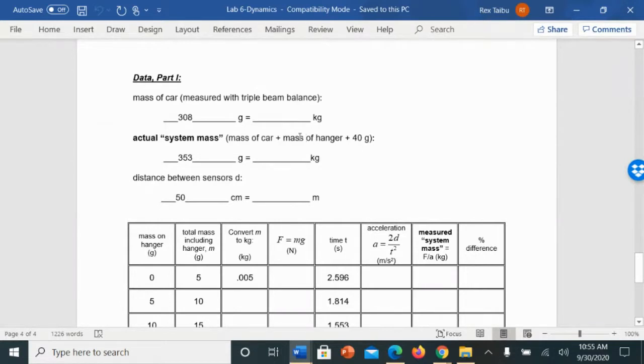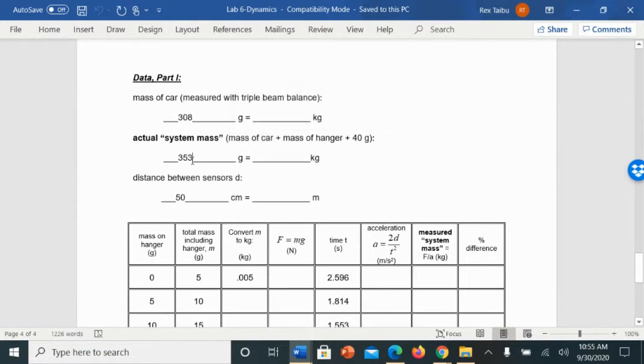Okay, so the mass of the hanger is about 5 grams, I think. So 5 grams plus 40 is 45. 45 plus 308, that's 353. Yep. So remember, mass of the hanger, this one is 5 grams. This is 40, 45. 45 plus 308, that's 353.